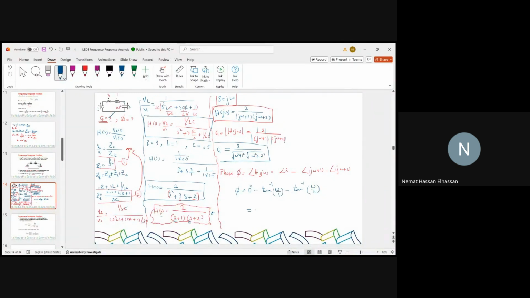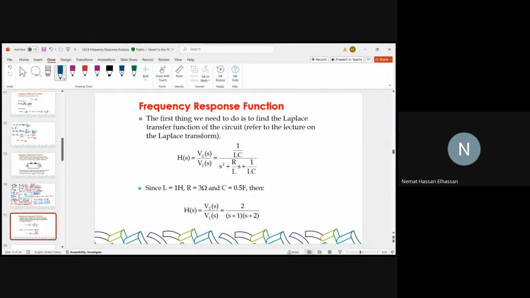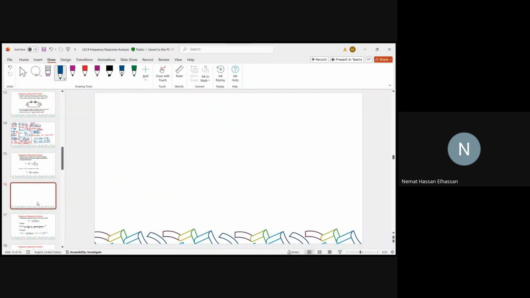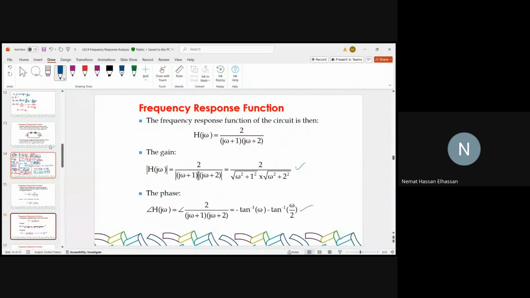So it is equal to minus tan inverse omega minus tan inverse omega over 2. And this is our phase of this circuit. So this is the gain, and this is the phase.